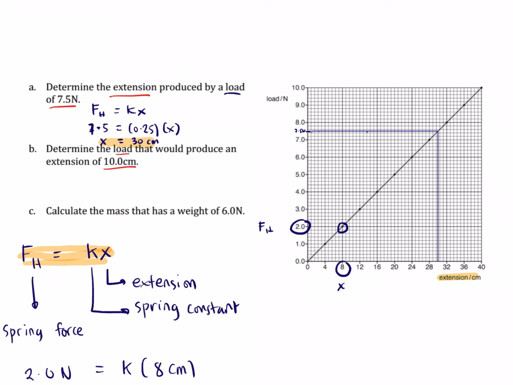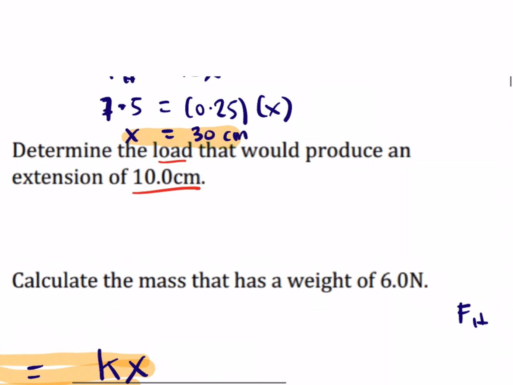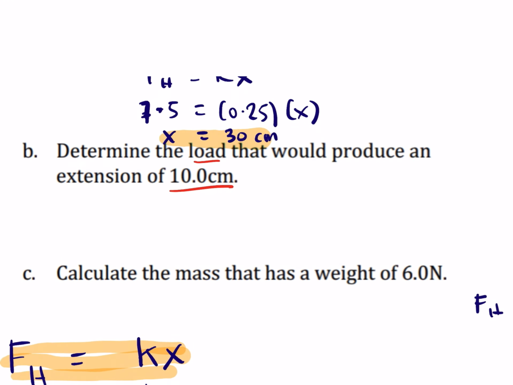Now for part B, determine the load that would produce an extension of 10 centimeters. So again, we could still use the same equation. We'll have FH is equal to KX. Now we want to know the load that would produce an extension of 10 centimeters.